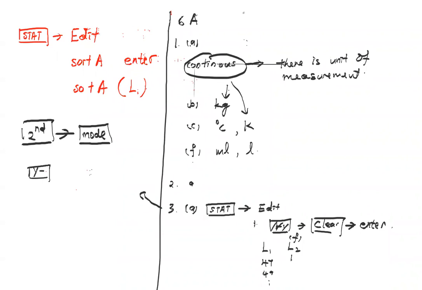It's stack plot, correct? So that's why you have to press second first. Second, then Y equal to. Can you press second and Y equal to? Okay, they are stack plot, correct? So you come up with stack plot.